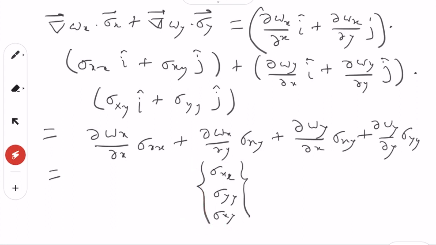So this will work because we are going to multiply, and here let's see what will be there.